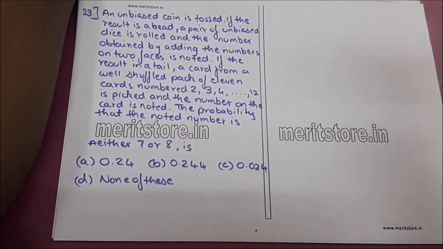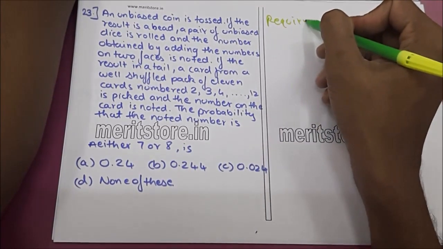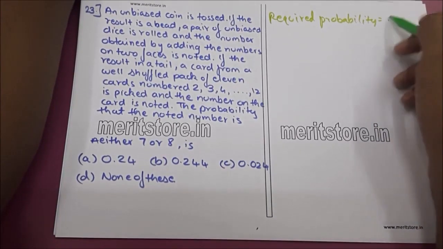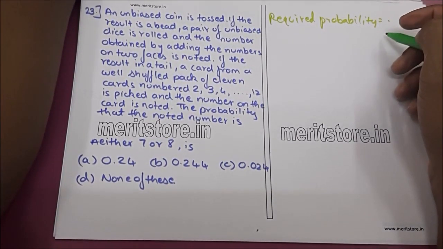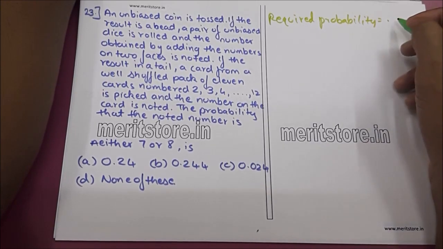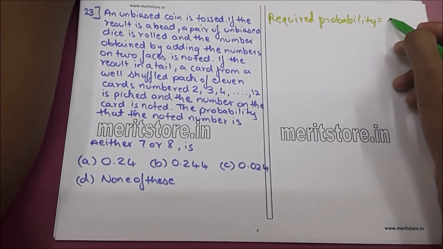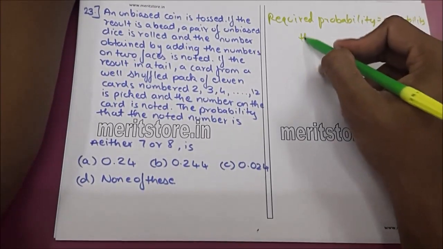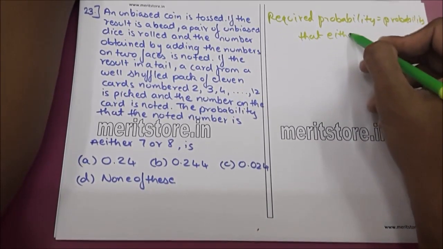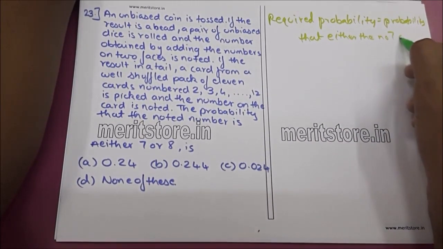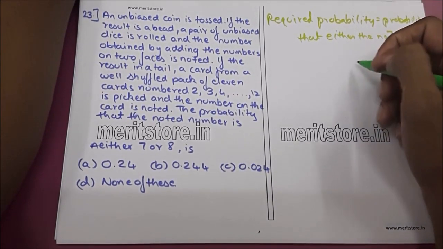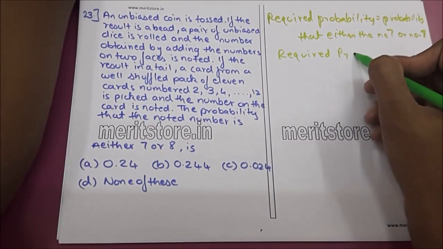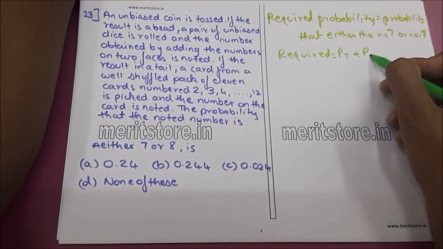So the required probability is equal to the probability that either the number is 7 or the number is 8. So the required probability can be written as P7 plus P8.